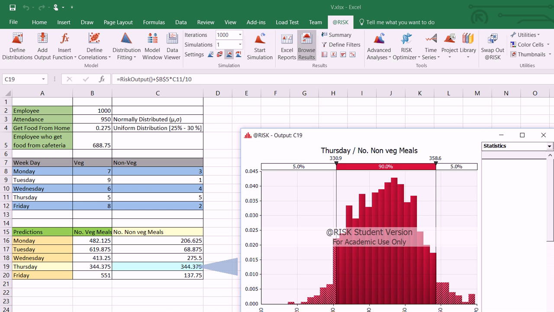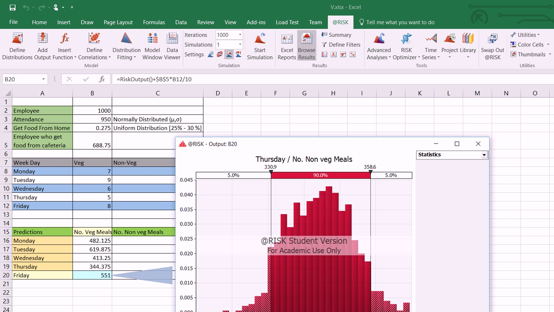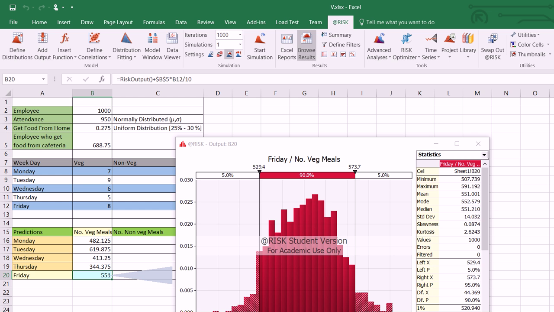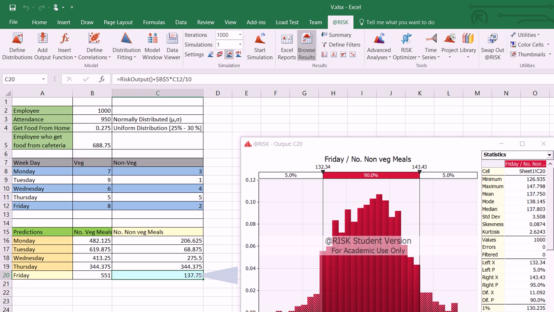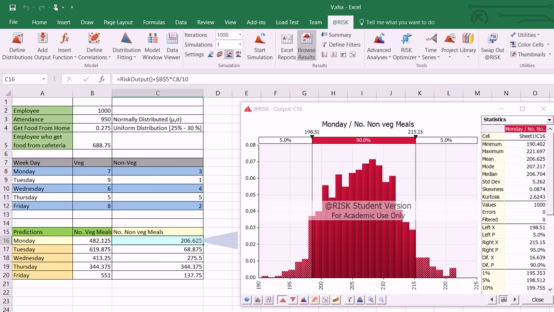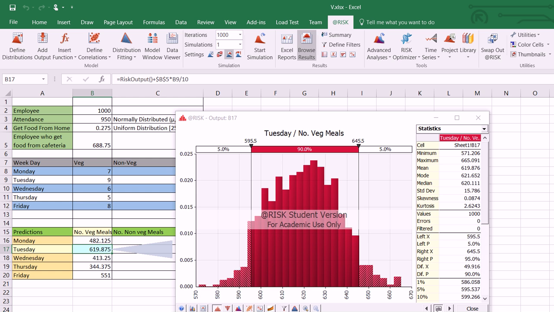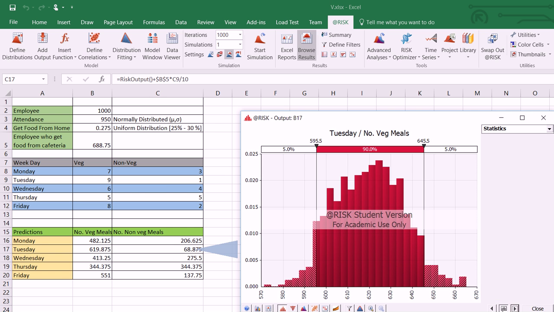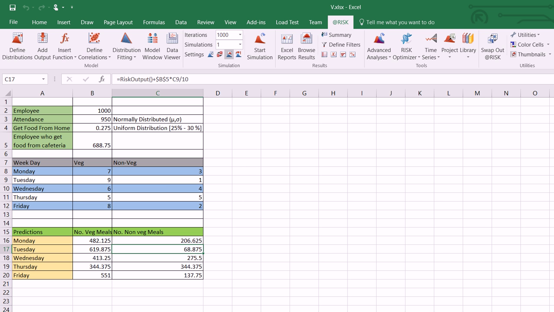Likewise, Thursday. As we scroll, we get the range and the deviation, the mean value and the standard deviation for each of the outputs for each of the days that need to be prepared. So you can traverse across and get the exact value. Now if I close this, you can see this would be my number, and that would be the model I have built.